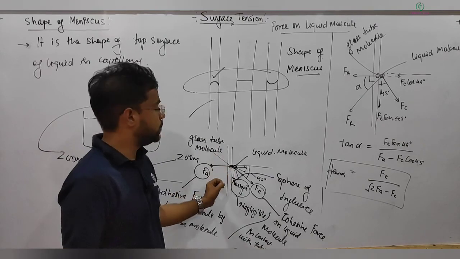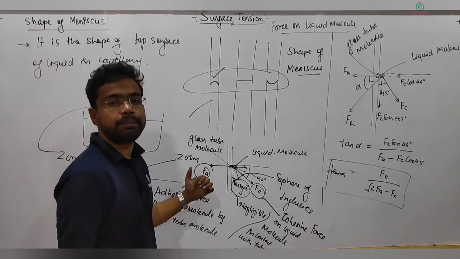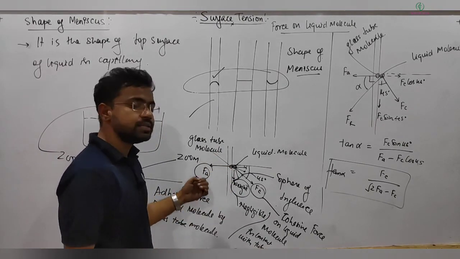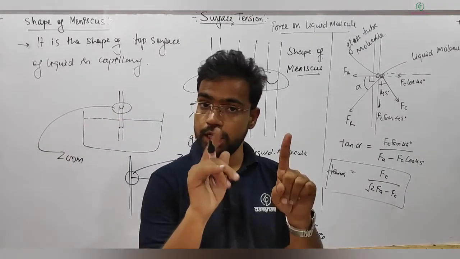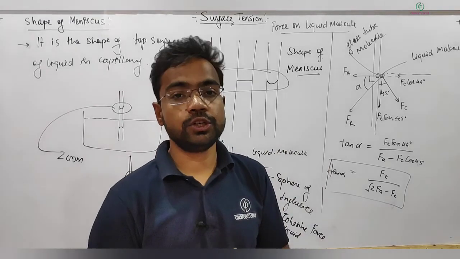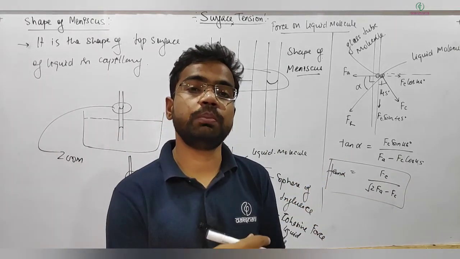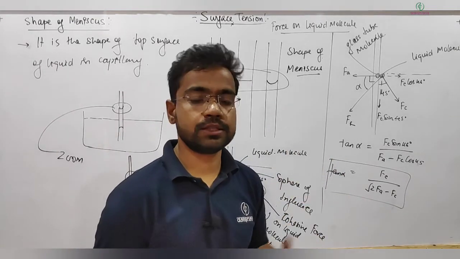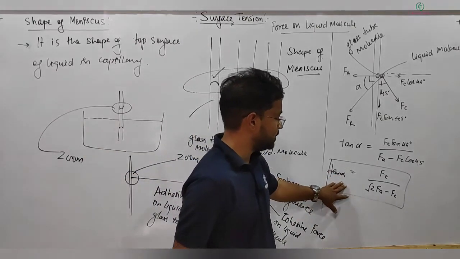It's mainly the cohesive and adhesive forces which are playing the role, and these are properties of the liquid and capillary tube material, right? So if we change these two, then things will change here. So now finally we got this relation.